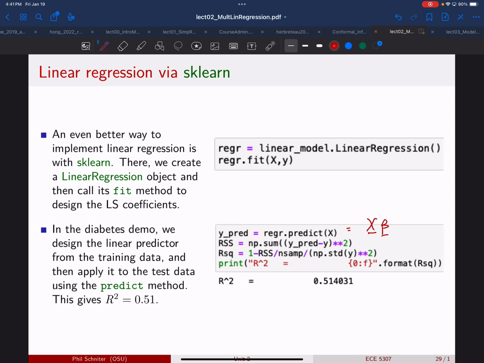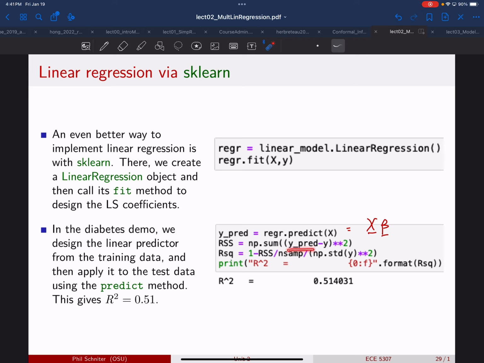I'll just write it how we typically do, x times beta. It does that, and it gives you here the predicted y vector. Okay. So we're never explicitly accessing the beta. It's all hidden inside. It's there if we want it, but otherwise it's just quietly stored inside.